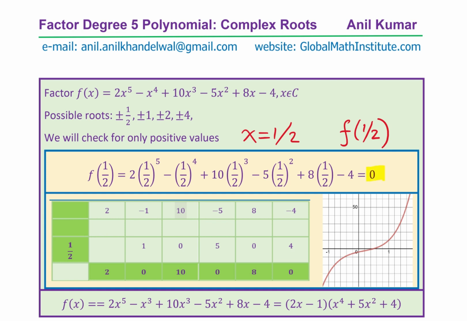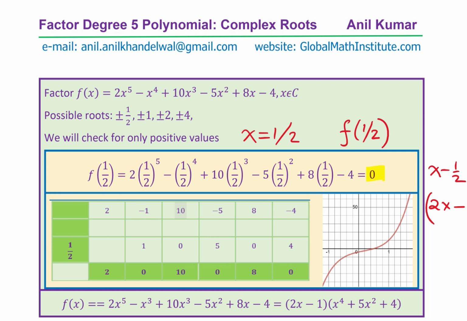That means x minus half is a factor, correct? That means x minus half is a factor, or I could write this as 2x minus 1. That becomes one of the factors for the degree 5 polynomial we are looking into, correct?